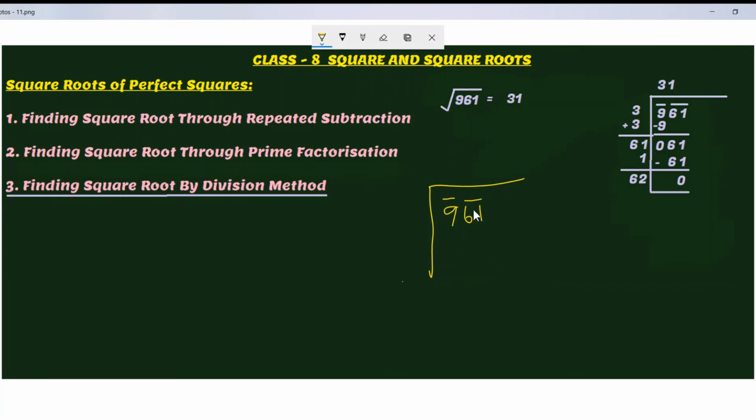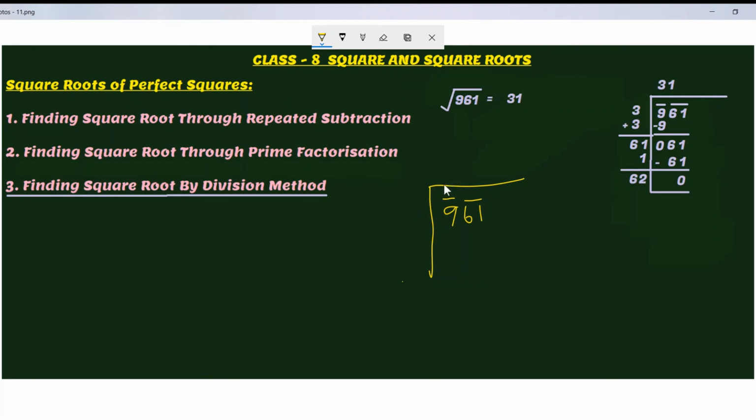By grouping the number, we can estimate how many digits will come in our square root. Here there are 2 bars, so our square root will be a 2-digit number. Now we have to take the leftmost group, that is 9. Here we need to keep the divisor and quotient.